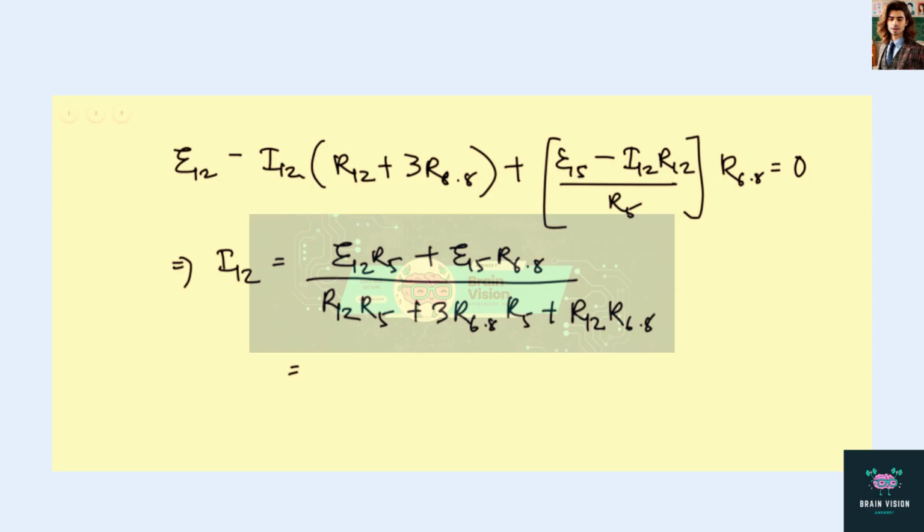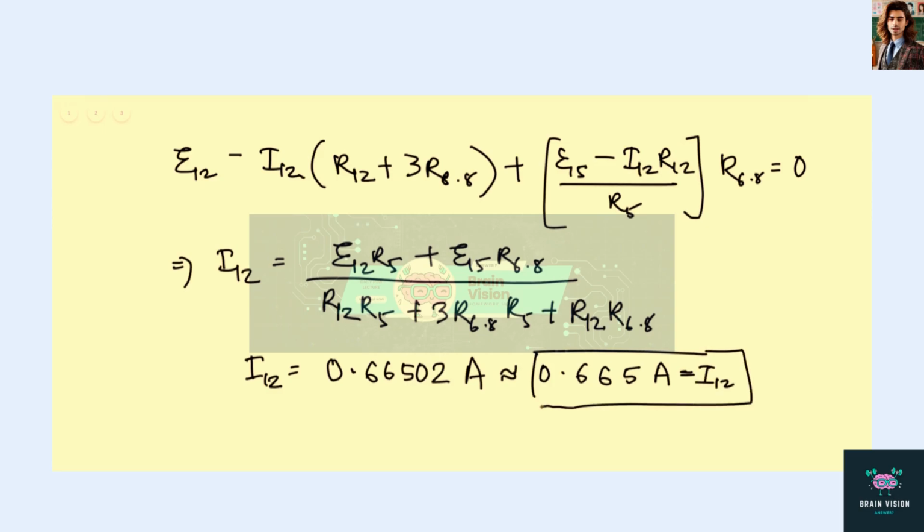This should not be confusing at all, because the values of these two variables are represented by their subscripts. So doing that, E12 is basically 12, R5 is 5 ohms, and so on. Solving, we get I12 to be 0.66502, and this is approximately 0.665 ampere.